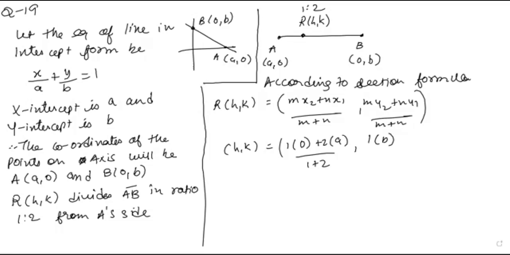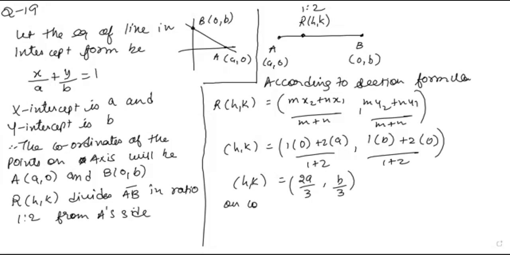So (h, k) is equal to (a by 3, b by 3)... on comparing, I will have h is equal to 2a by 3 and k is equal to 2b by 3.